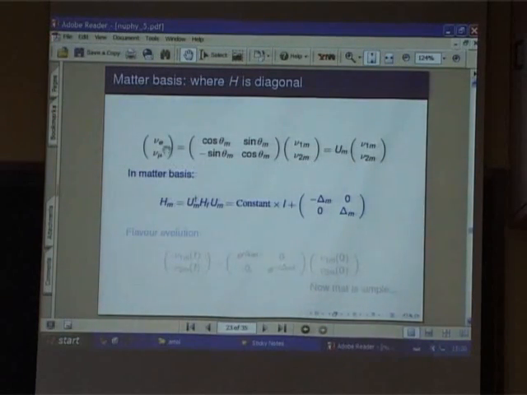So the effective Hamiltonian in matter becomes Um dagger HF Um. If this quantity is diagonal, I am very happy, because then I can exponentiate very, very easily. So this is my aim. If I am able to find nu1m and nu2m like this, then the problem is solved.